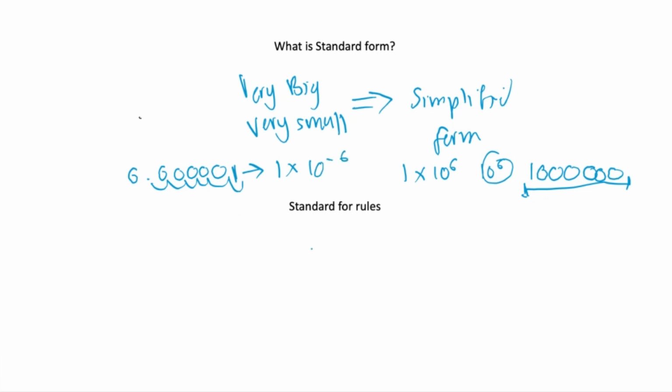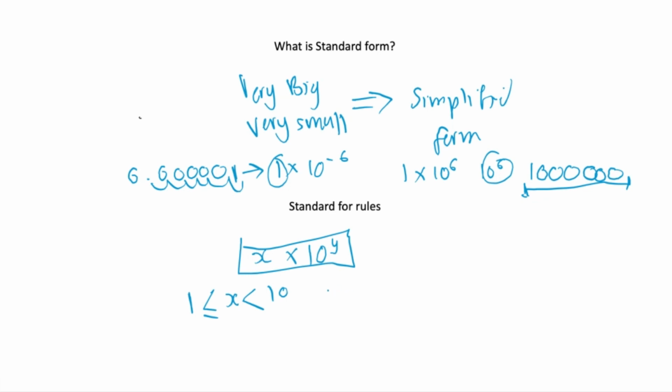Now, what are the rules of standard form? This is how you write standard form: x times 10 to the power of y. Now x has to be smaller than 10 and greater than or equal to 1.